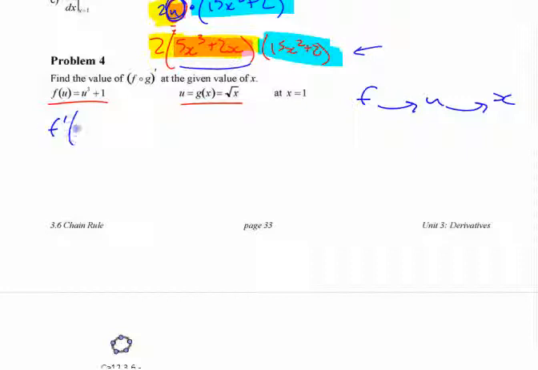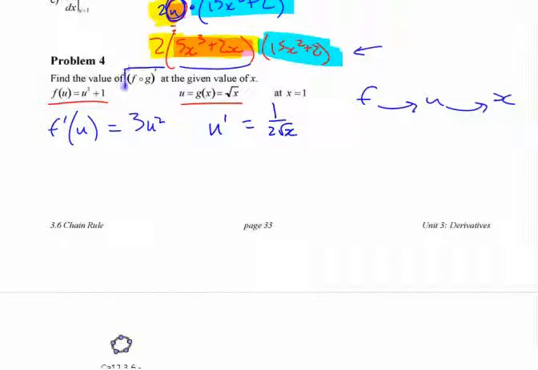F prime as a function of u is 3u squared, right? U as a function of x. What's the derivative? What's u prime? Or you could say g prime of x. U prime, what's that? Yeah, 1/2 x to the, so it's like 1 over 2 root x.